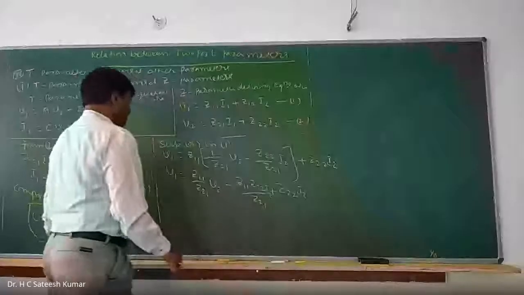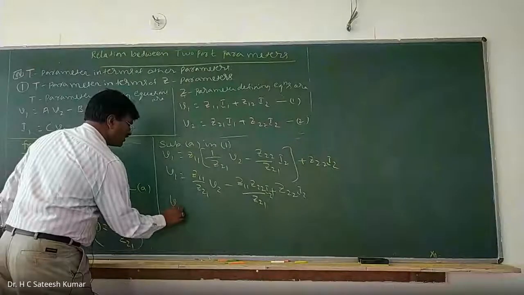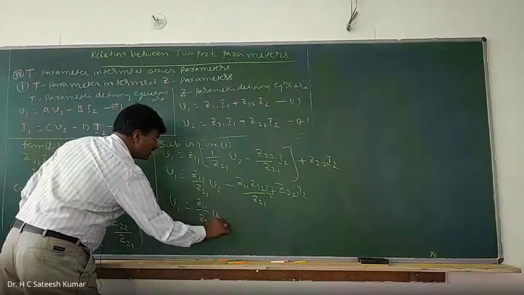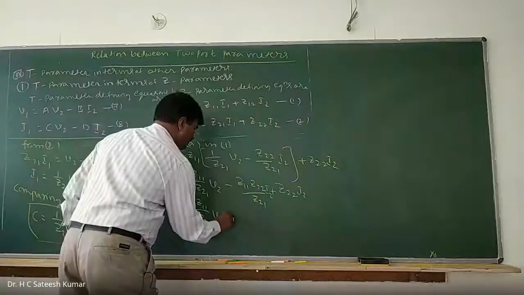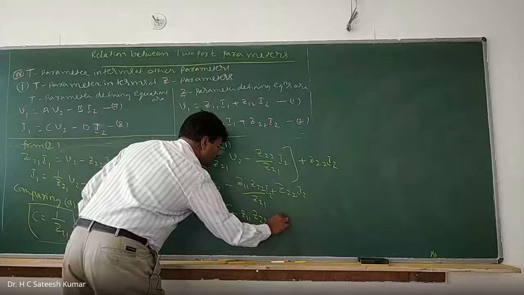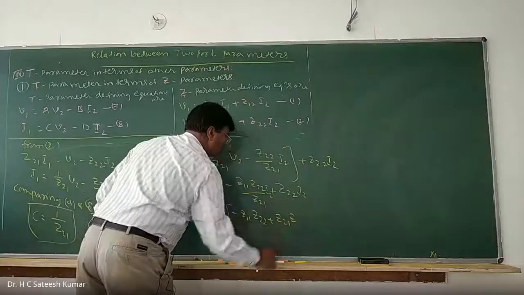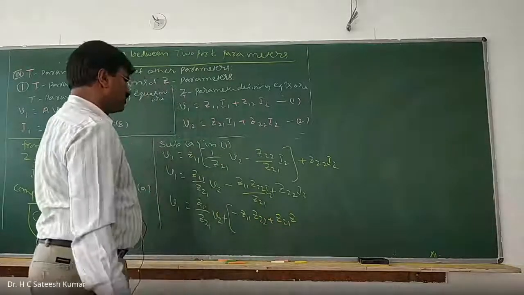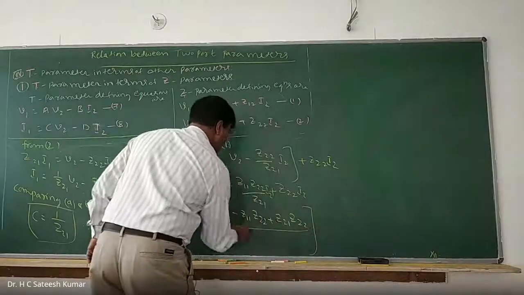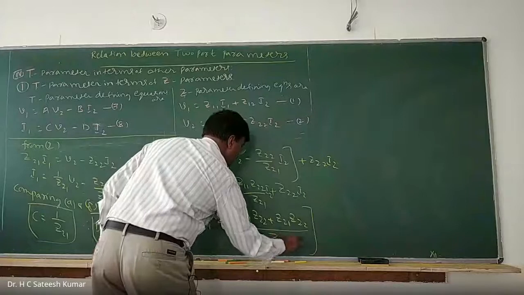Okay, right. Now take the LCM. V1 is equal to Z11 divided by Z21 into V2 plus minus Z11 Z22 plus Z21 into Z22, whole divided by Z21 into I2.